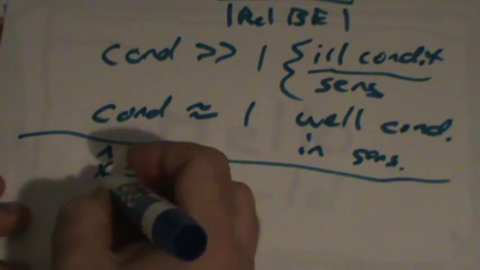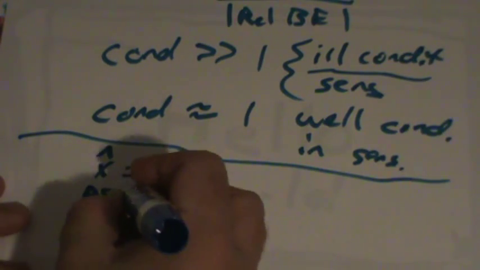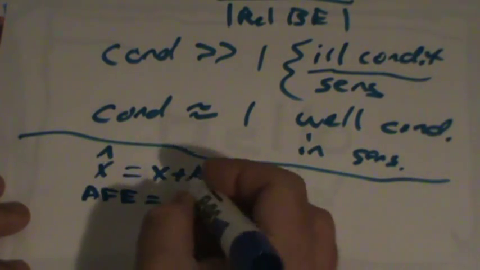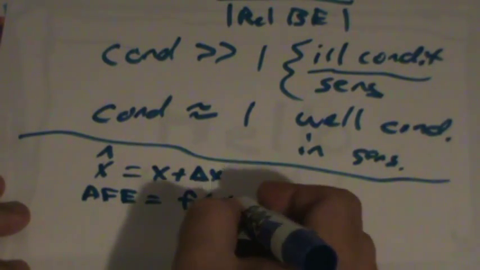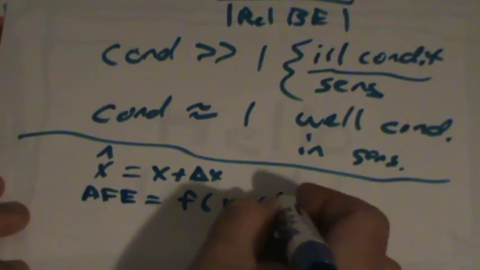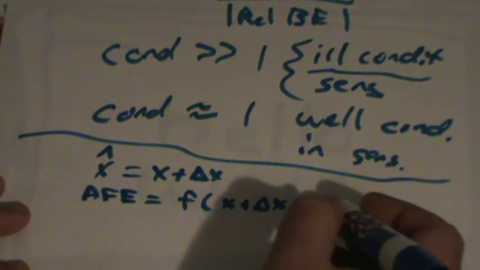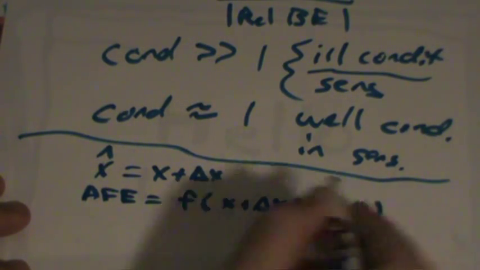That means your absolute forward error has to be equal to f of the x hat, which is x plus delta x, minus f of x.